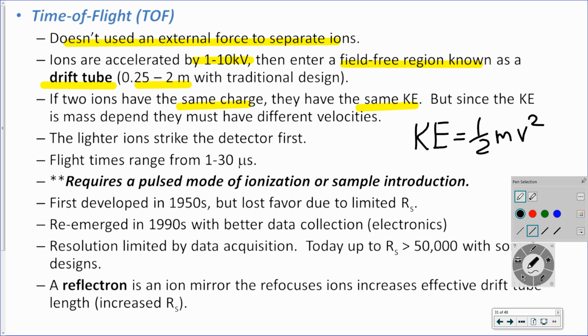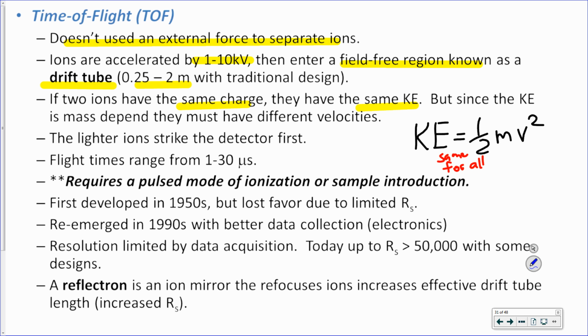So if they all have the same kinetic energy, that means for two different ions, where mass 1 is greater than mass 2, to offset this kinetic energy, the velocity v1 is going to be less than velocity v2. If it's heavier, it goes slower. If it's lighter, it's going to go faster.